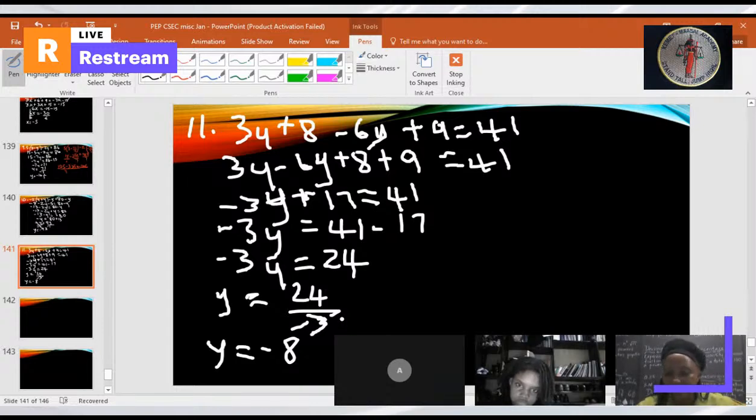And negative 6 times negative 8 is positive 48, plus 9. Negative 24 plus 8 plus 48 plus 9. Yes, miss, I get 41. All right, so that's how we know it's correct.